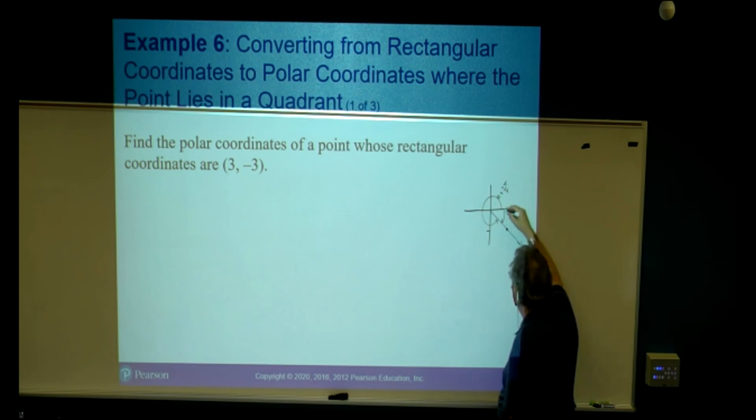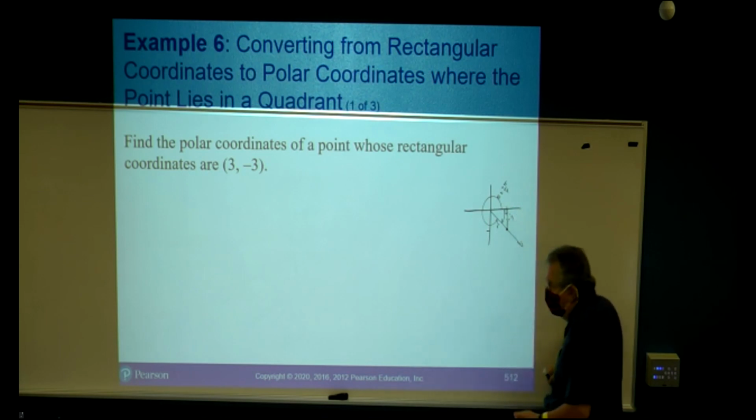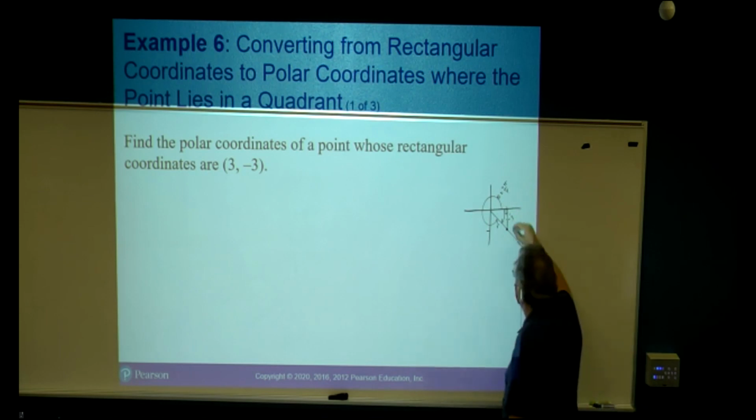Well, here I have a right triangle, and R here is the hypotenuse of that right triangle. This distance here is -3, and the negative just means we're going down. And this distance over here is +3.